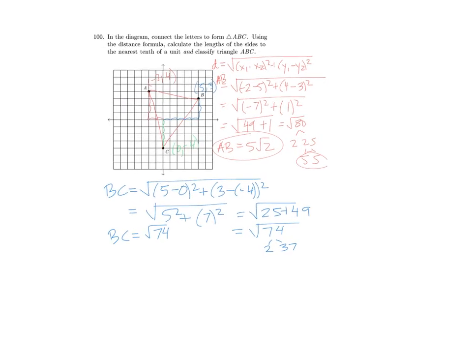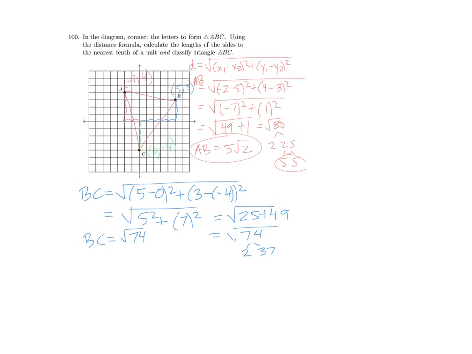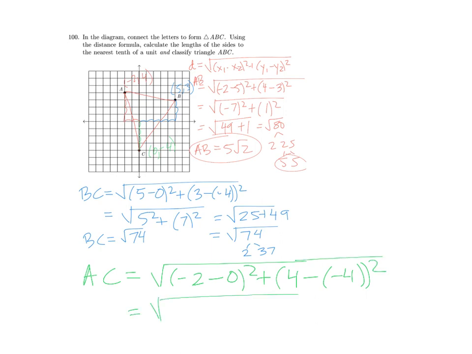All right, then I have AC to do. AC is equal to -2 minus 0 squared plus y1, which is 4, minus y2, which is -4, squared. All right, so I end up with -2 minus 0, that's -2 squared, plus 4 plus 4, which is 8.